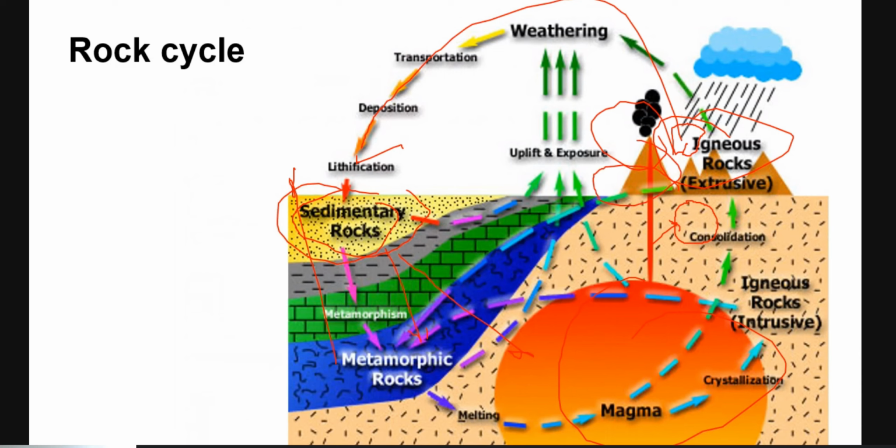Suppose through tectonic processes this gets subducted. So what will happen? Your igneous rock, as pressure and temperature increase, will get metamorphosed.